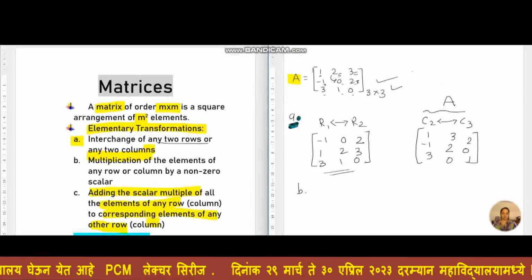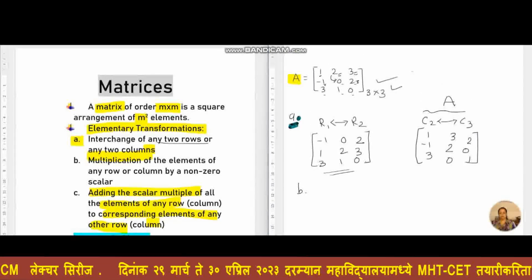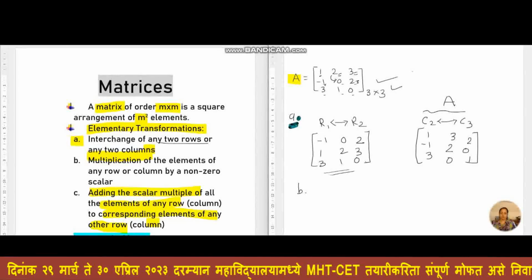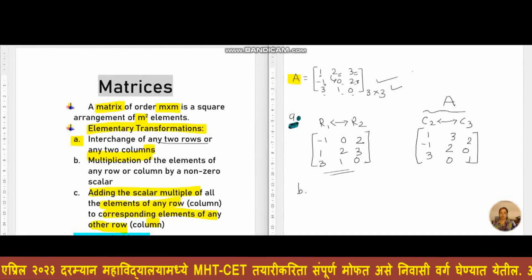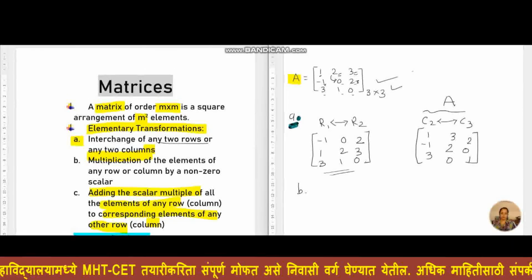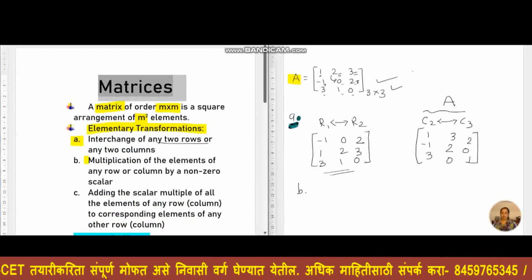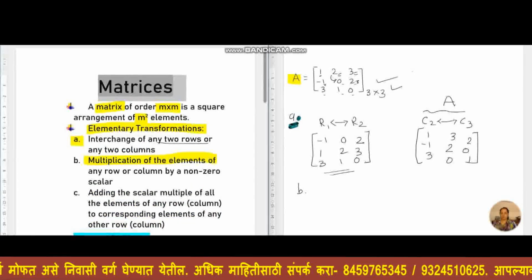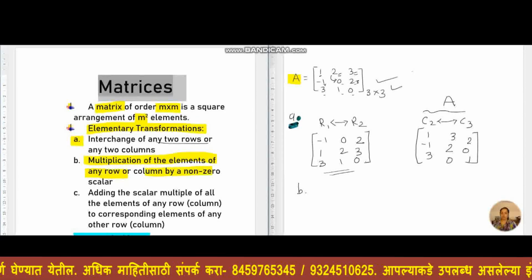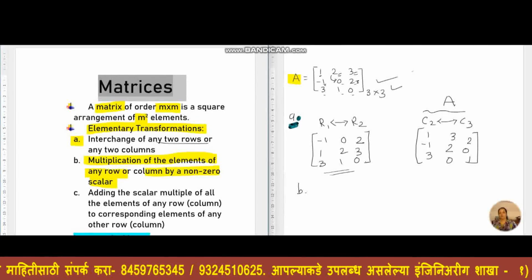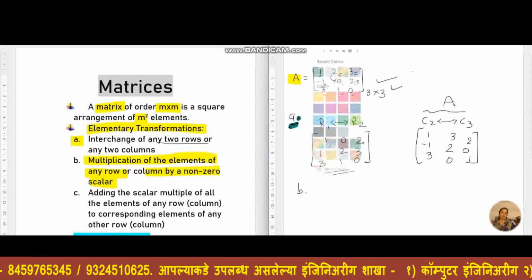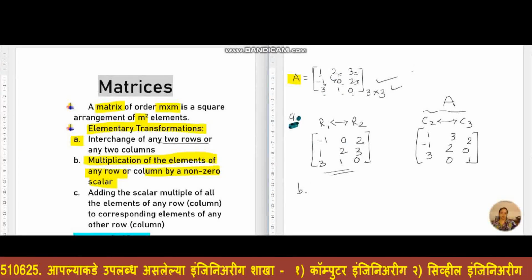See, the second elementary transformation, you can see here: multiplication of the elements of any row or column by a non-zero scalar. Means we select one row and multiply each element of that row by a non-zero scalar.